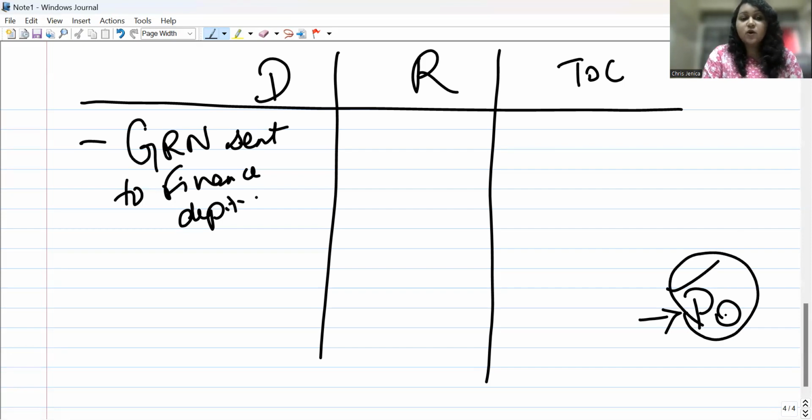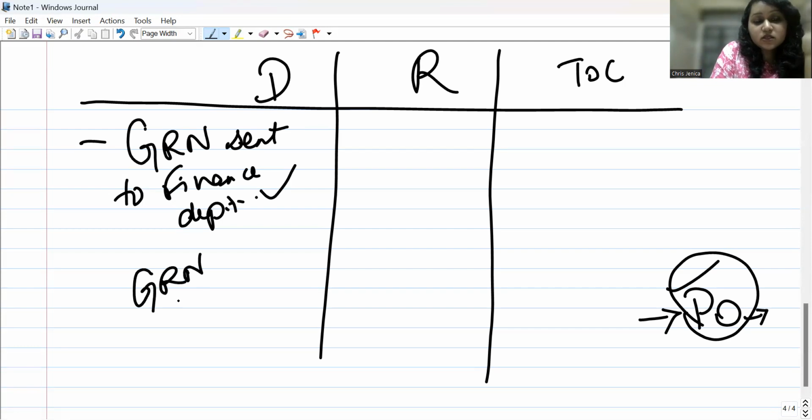This is the point. Now, GRN is where I have received the goods. Now, by sending the GRN only to the finance department, will it be able to check with the PO? No, right? So basically, the deficiency that I have found here is that one copy of the GRN has to be retained with the warehouse.